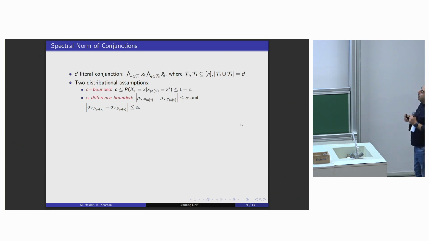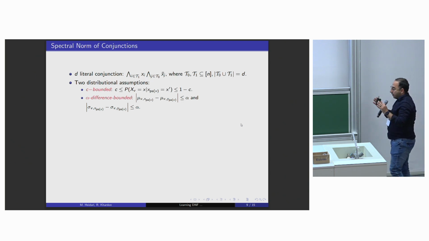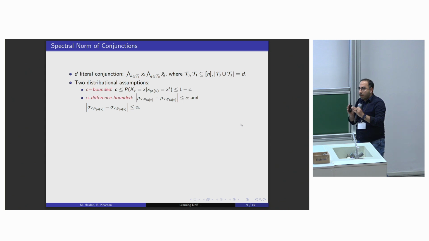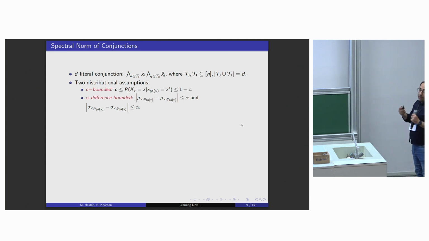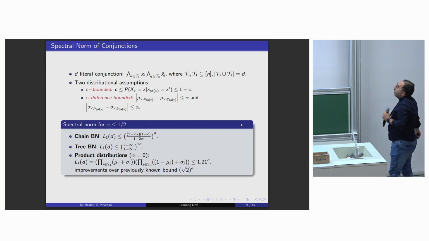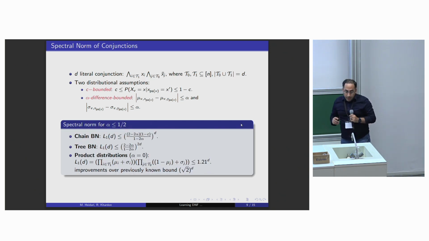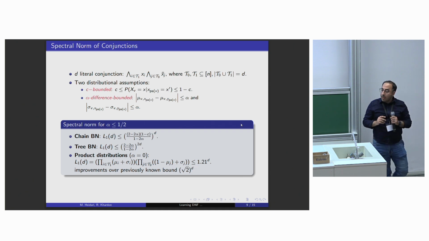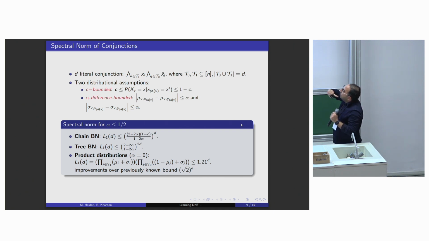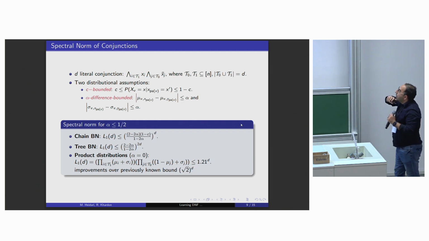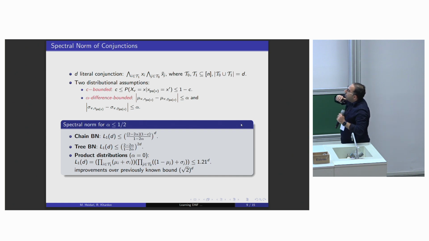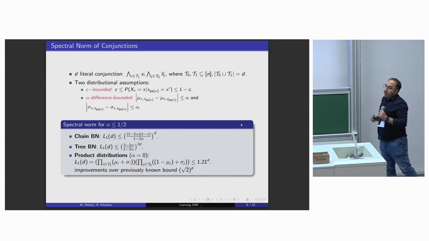That is, the difference of expectations and standard deviations can vary at most by alpha if the parent's realization changes. We prove that when alpha is less than half, we get a nice upper bound on the spectral norm for chains and trees. As a byproduct, we get an improved upper bound for product distributions, and also an exact characterization of the spectral norm.